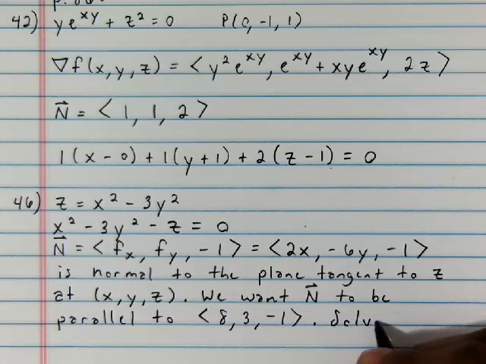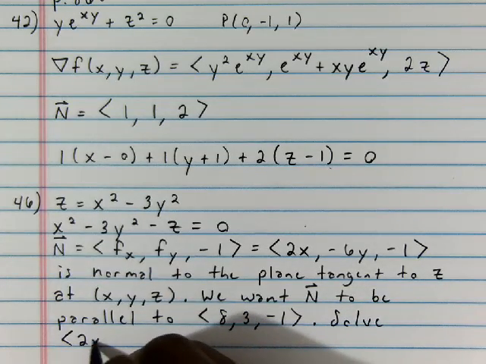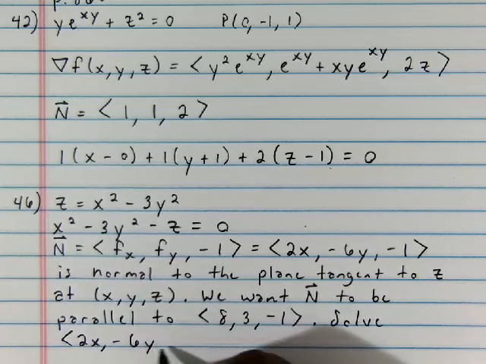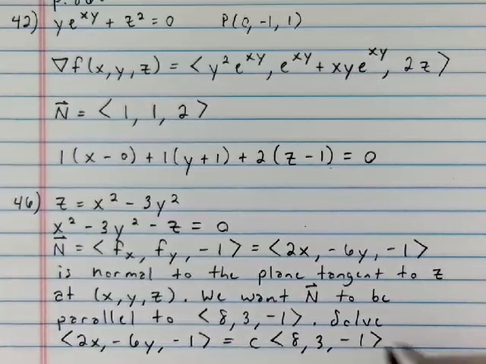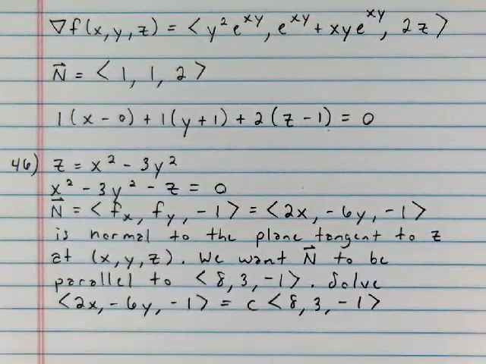So solve 2x, negative 6y, negative 1 equals some constant c times 8, 3, negative 1. And now if we look at this, we equate corresponding components. Because we're trying to solve for c first, our k components tell us that c has to be equal to 1.